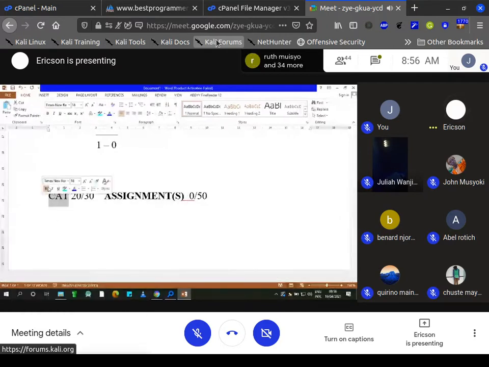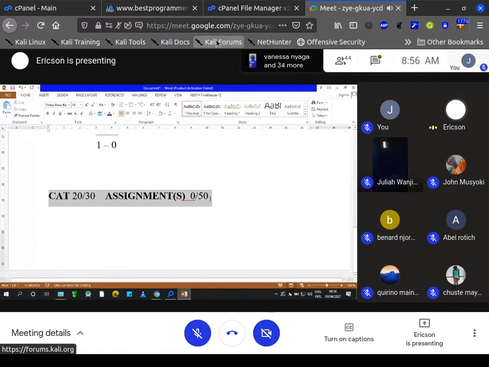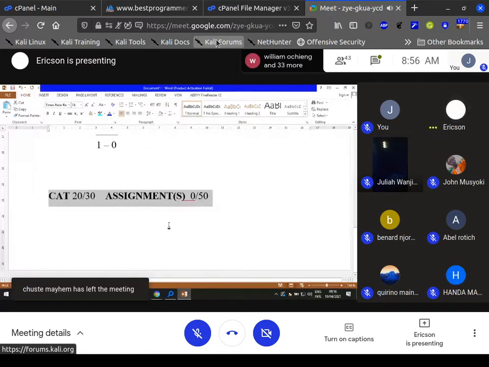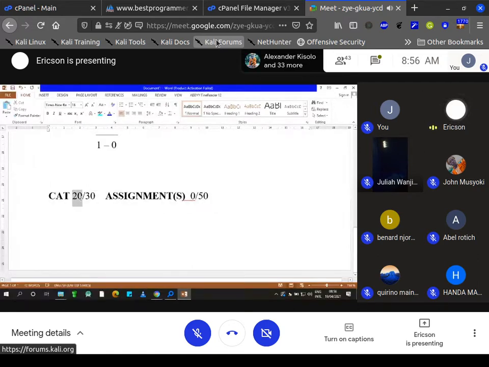So, as the repercussion of not doing them, the CAT is converted out of 30. You add what you got in your CAT and the marks you got in your assignment. So here it will be 20 over the combined total marks from the CAT and the assignment, that is 80, and then convert it out of 30.